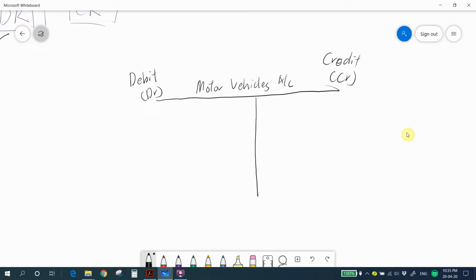So when we say debit on motor vehicles, then we record here on the debit side of the motor vehicles account. On the other hand, if we say credit on the motor vehicles account, we will record here. This is general ledger.